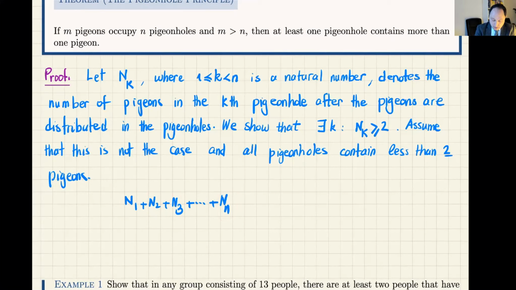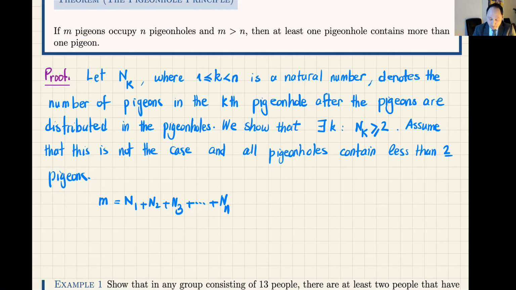On the one hand, what is the answer to this sum? Can you tell me? If I add up all the numbers of pigeons in each one of these pigeonholes, what should I get at the end? m. Sorry, I should get m.